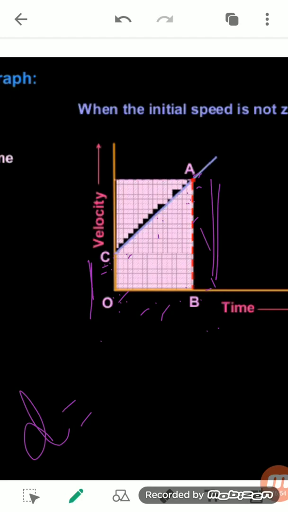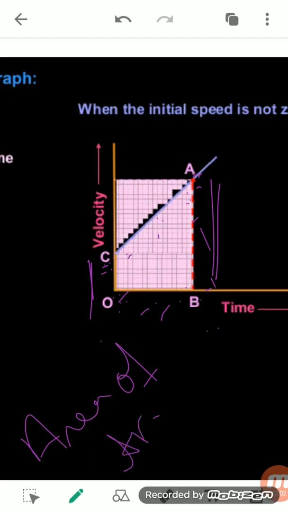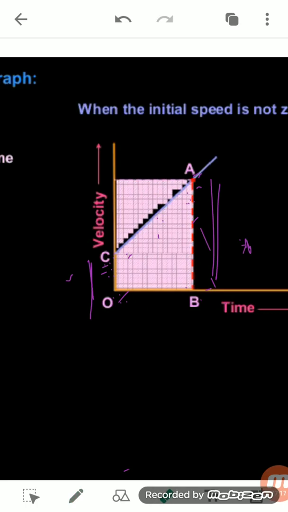At first we will find the area of the trapezium. Here we know that the area of a trapezium is equal to the sum of the two parallel sides into height upon 2.